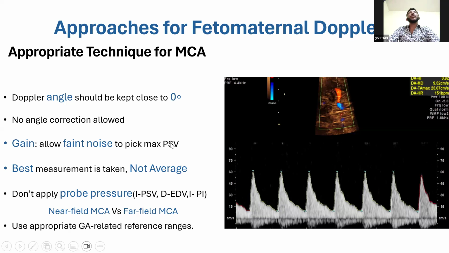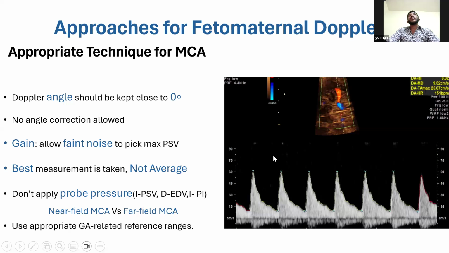The advantage of gain here is that when you increase the gain until it is a little grainy, you can't miss the smallest peak systolic velocity found here. So decrease the gain again, then increase it until it becomes as grainy as possible, okay?